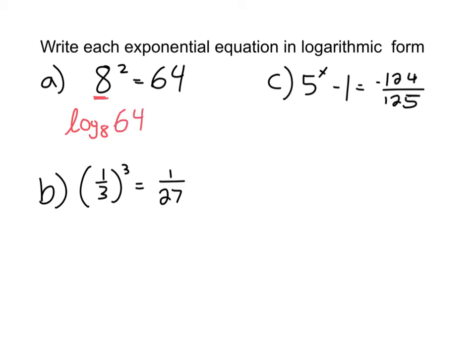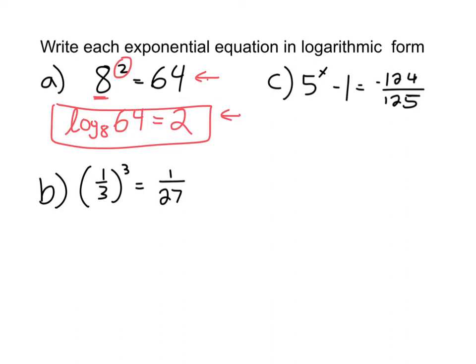So 64, and logs equal exponents, so the exponent is 2. So that's the way you would rewrite this in log form. Both, what I've written here and here, these are equivalent statements. They mean the same thing.